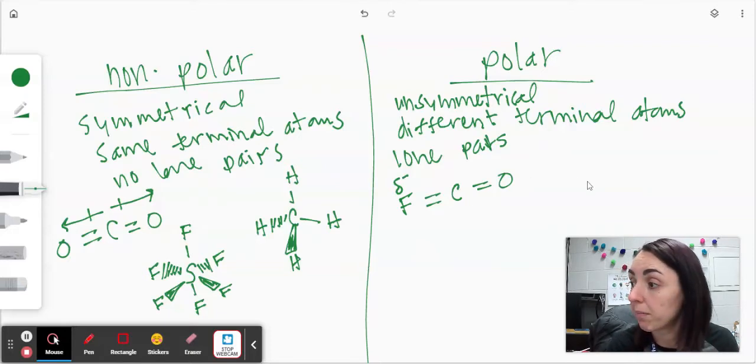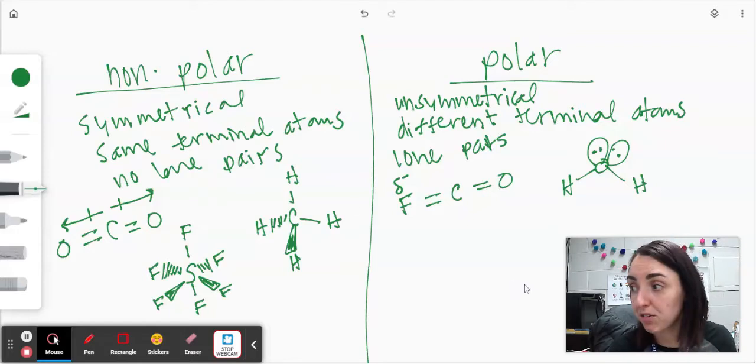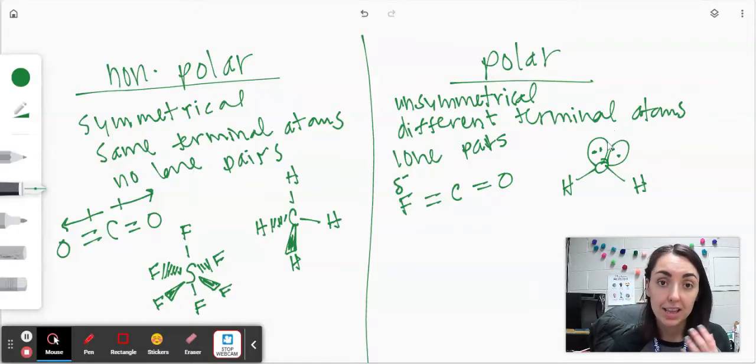It's not symmetrical. The other version of not symmetrical, we could look at water. Water has this bent geometry, and it's got two lone pairs up here at the top. That bent geometry is not symmetrical. So water is going to be more negative up here at the top with the oxygen.